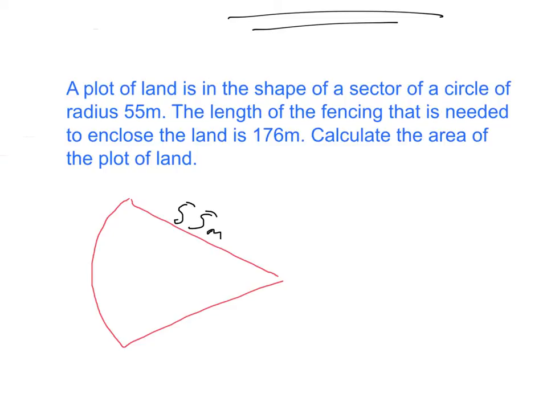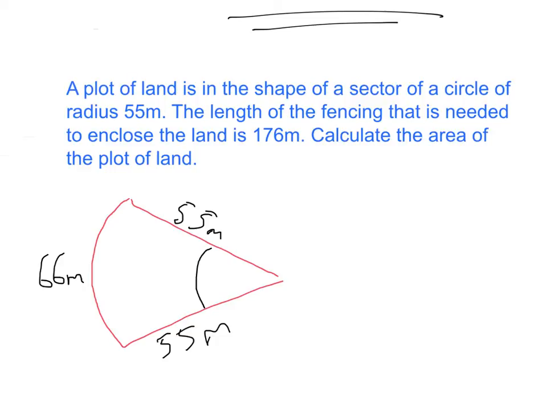Obviously the radius is going to be consistent, 55 metres. So I've used up 110 so far, it's 176 in total, because the perimeter of the fence is 176. So I know that the arc length is going to be 66 metres.